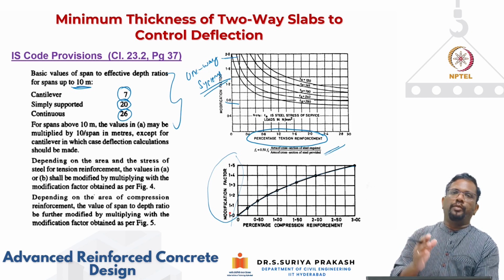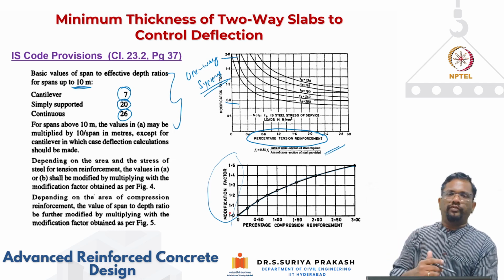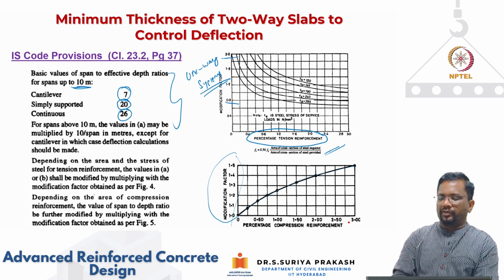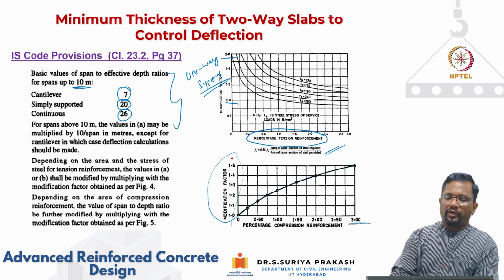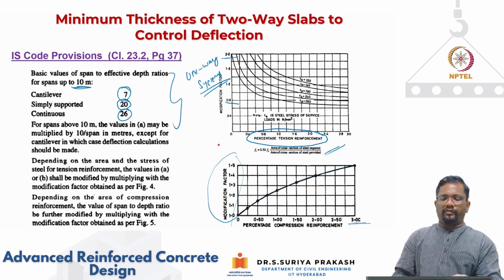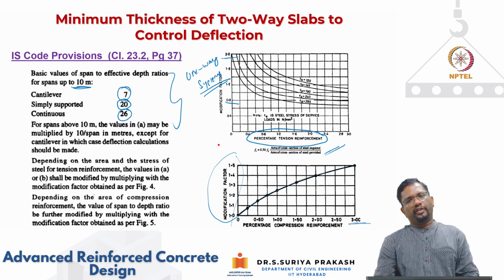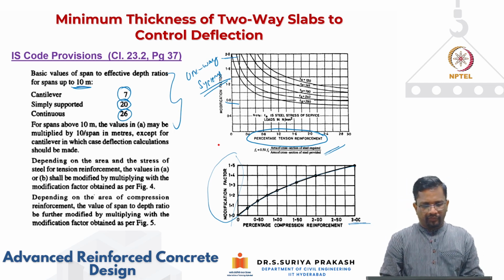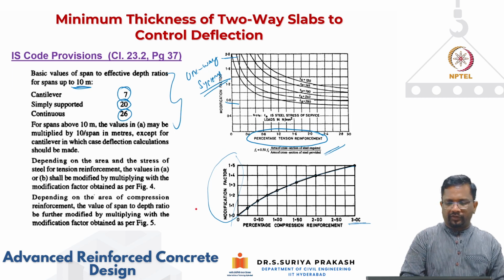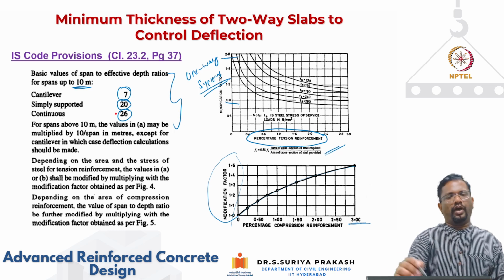Similarly, it helps in controlling shrinkage. Both shrinkage-induced deflection and creep-induced deflection will reduce significantly if you put a good amount of compression steel. That is the reason the code says that depending upon the percentage of compression steel, you can modify by some factor, the modification factor for compression steel. So with multiplying, that's why these ratios are higher than 1, so you can go for a larger L by D ratio.